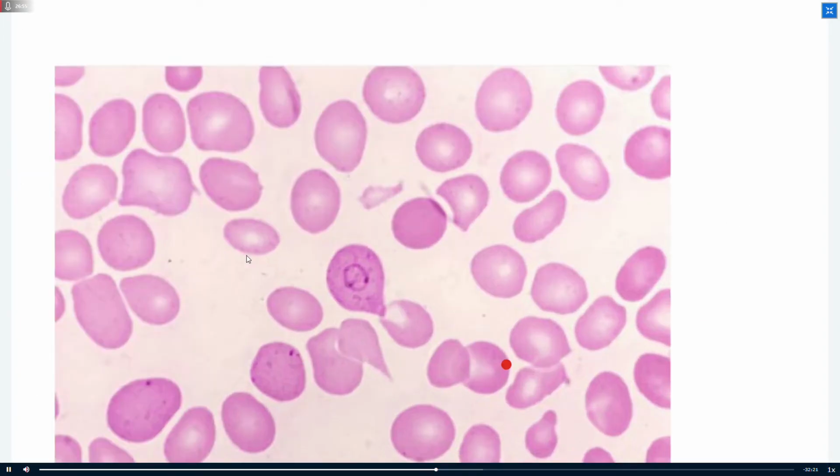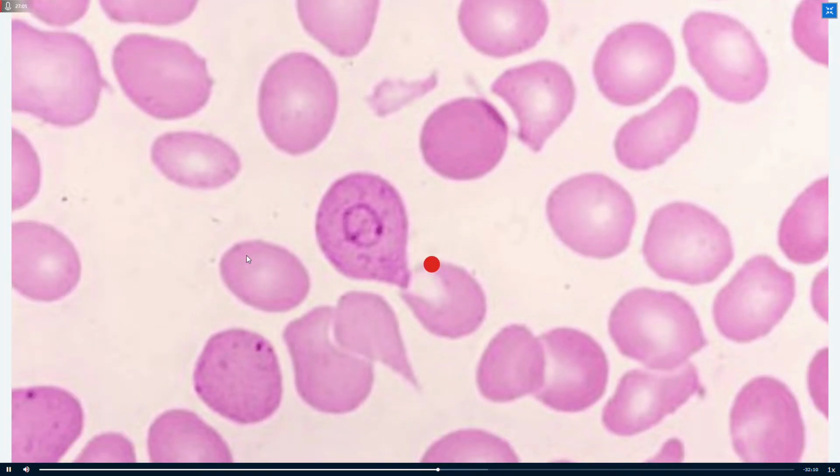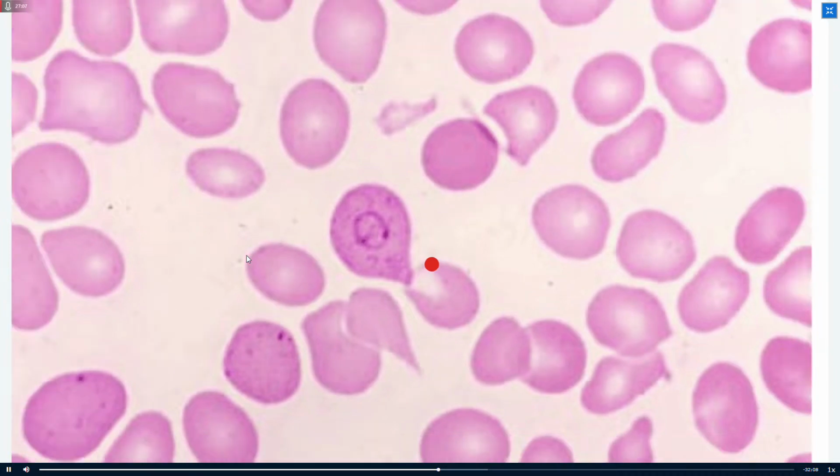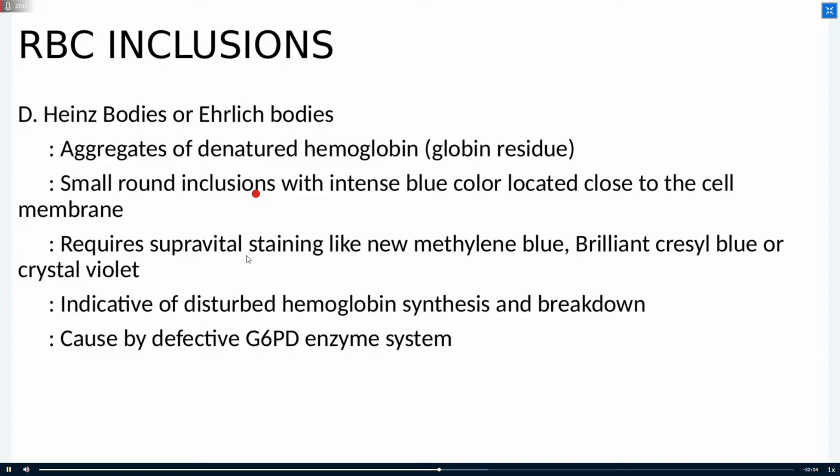Okay, this is the appearance, class, of your Cabot rings. They would appear loop-like, or they would appear like a ring or H-shape. Now another one would be your Heinz bodies or Ehrlich's bodies. These are aggregates of denatured hemoglobin, specifically your globin chains.